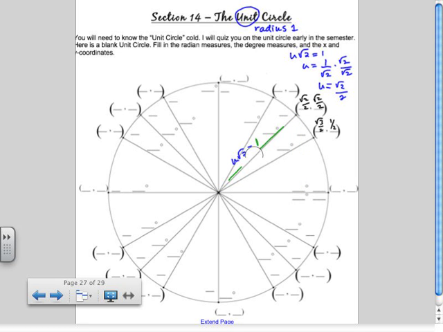Now again, I have a 30, 60, 90 triangle, but now my 30, 60, 90 triangle is right here. So 60 degrees and 30 degrees. My hypotenuse is 1. Again, your hypotenuse is 2u. Across from the 30 is the smallest length, u.